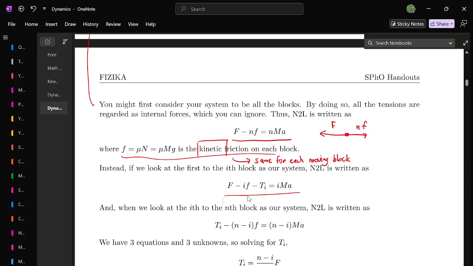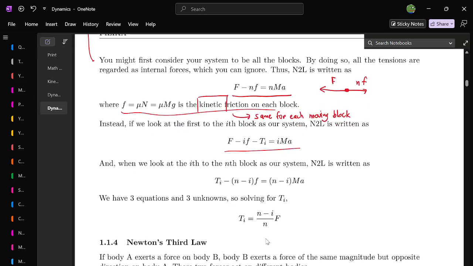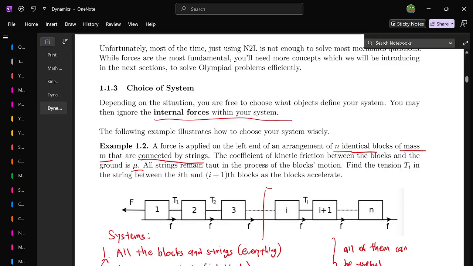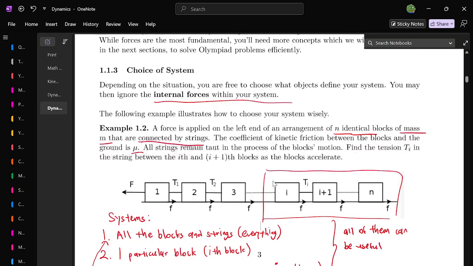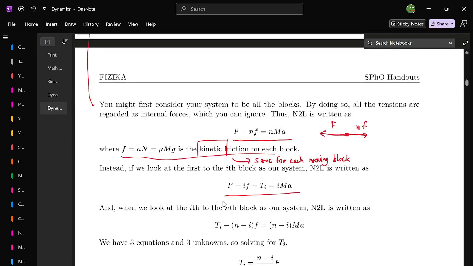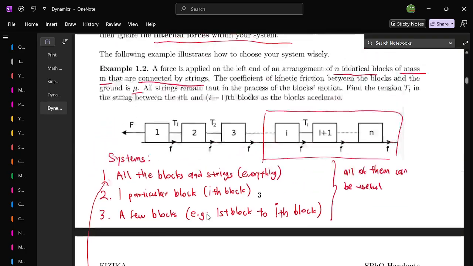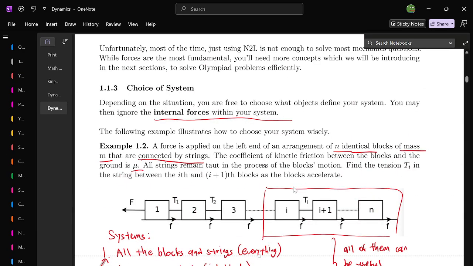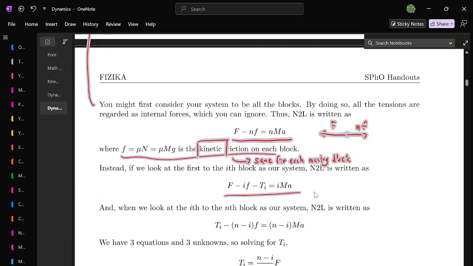Now the third person says, let's look at the ith block to the nth block as our system. So what the third person means is we draw the rectangle here. With that, if you work out your forces again, you will get this as Newton's second law by considering the forces acting on this system. Wait, sorry, I think that's a typo here.